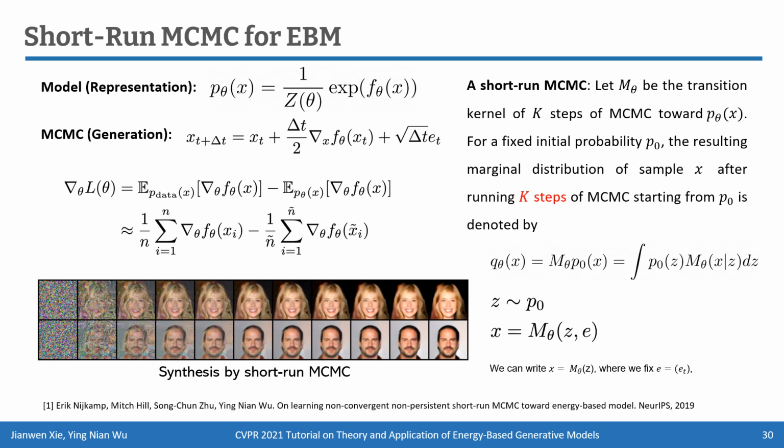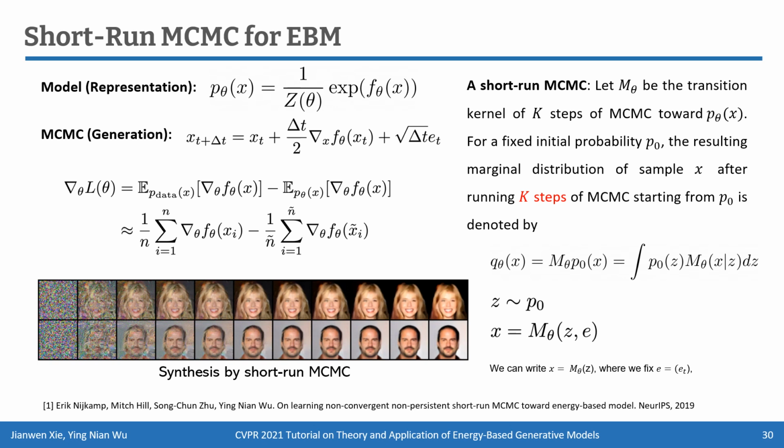We now consider the learning algorithm based on short-run MCMC. To use a short-run MCMC, we initialize the Langevin dynamics from a fixed initial distribution, p0, and run a fixed number of k steps.